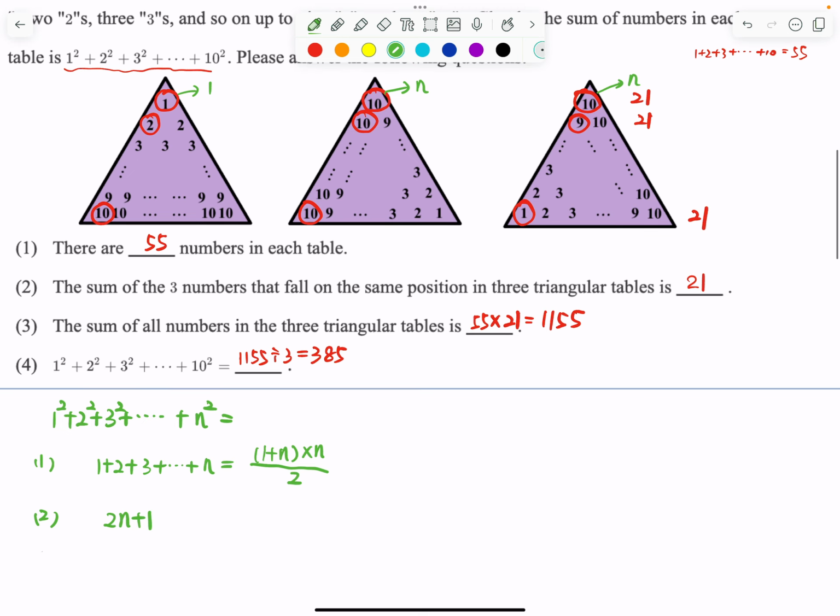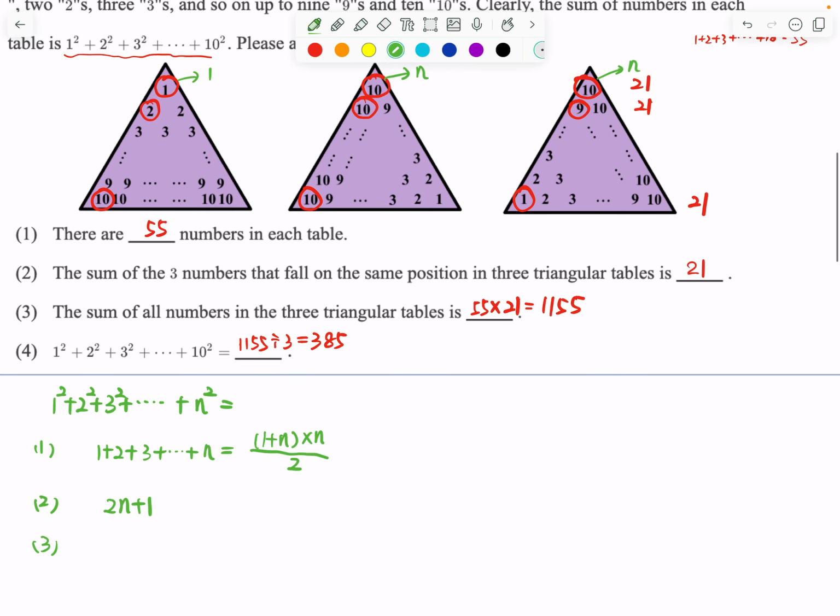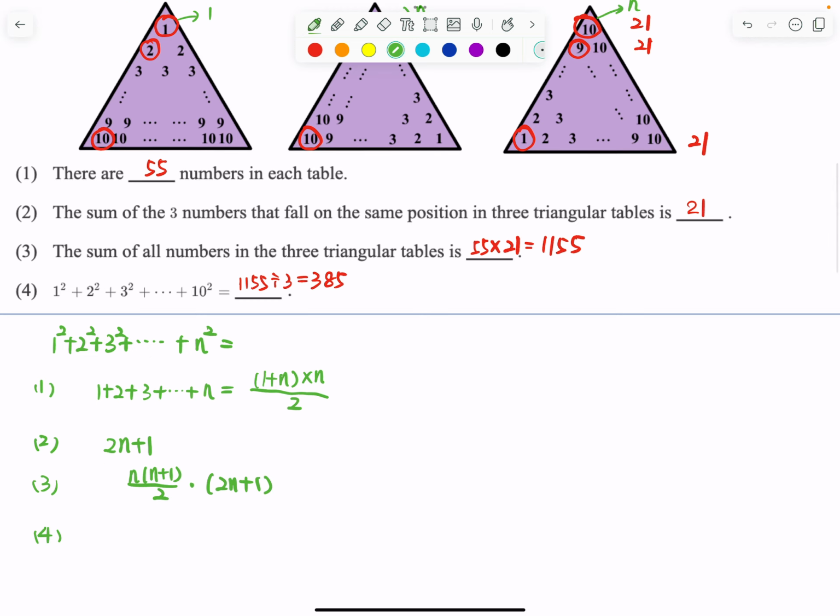The third one: the sum of all numbers in the three triangular tables is what? It should be the first answer, n times n plus 1 over 2, times 2n plus 1. And then the fourth question: do I need three triangular tables? No, we don't need to. So we just divide by 3. It should be n times n plus 1 over 2 times 2n plus 1 divided by 3.